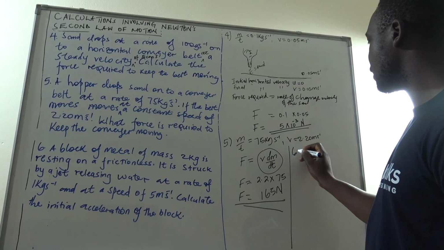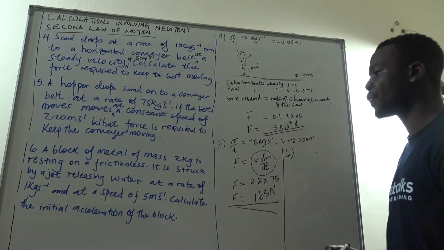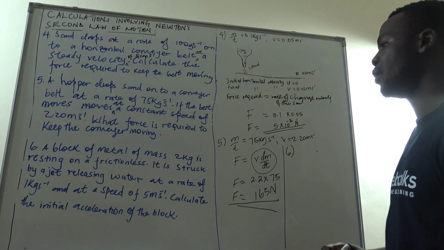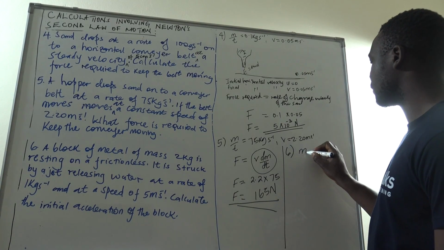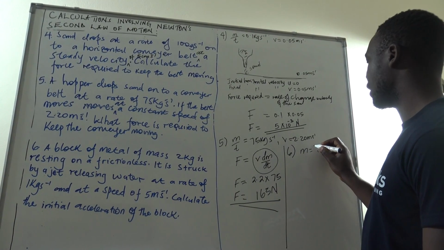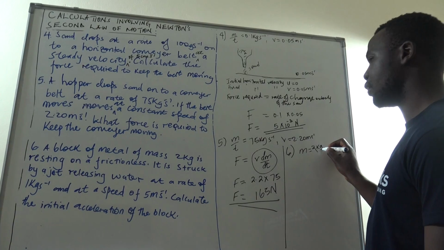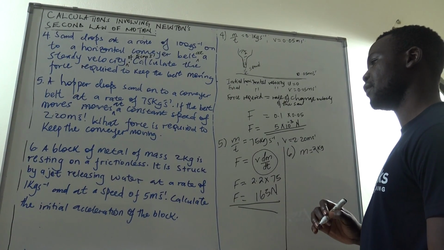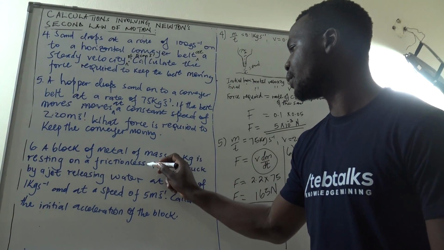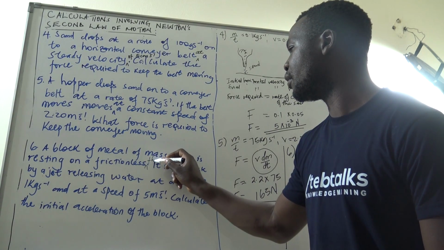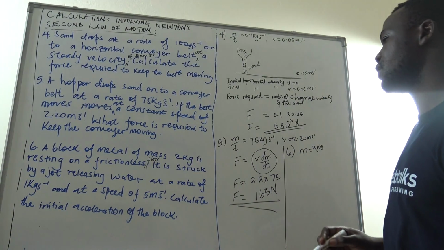So let's look at question 6 also. Question 6 says that a block of metal of mass 2 kilograms is resting on a frictionless floor.